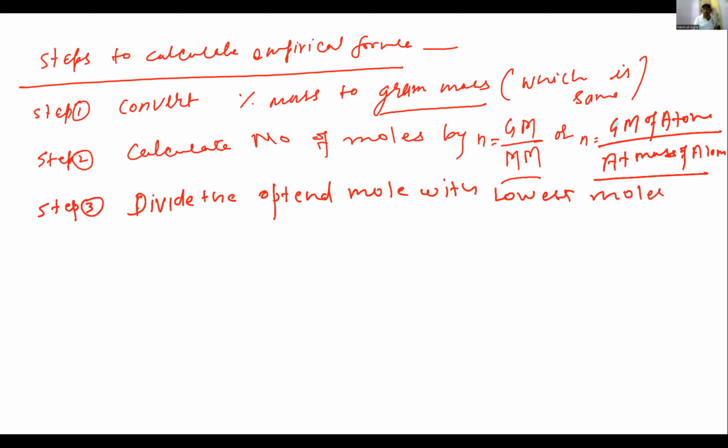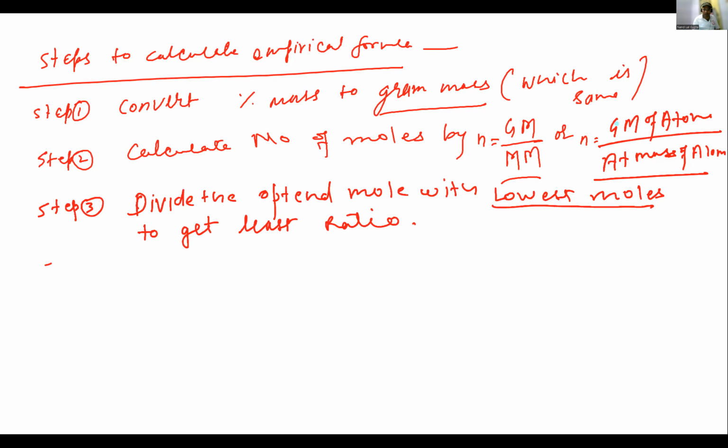All the moles you obtain, you need to divide by the lowest mole. Why are you dividing? To get the least ratio. It is the simple concept of ratio in mathematics, that you divide by the lowest number, to get the smallest ratio.